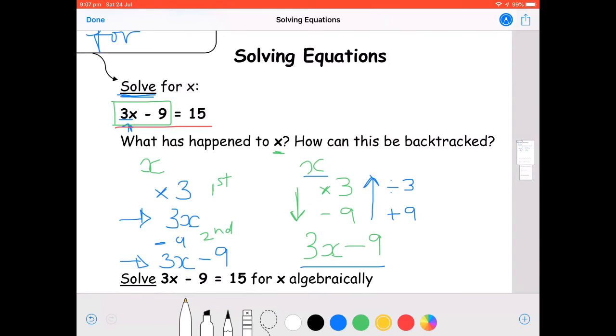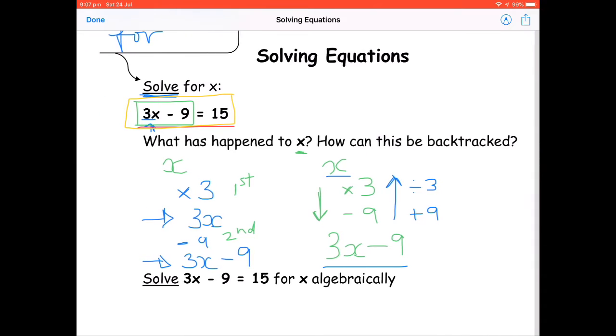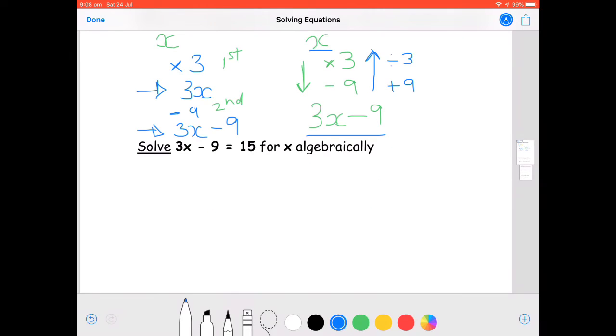Now that we've done that, we're going to think about the whole equation again, and we're going to think about it when we solve for x algebraically. So I'll just write this out again so we can work with it. We've got 3x minus 9 equals 15.